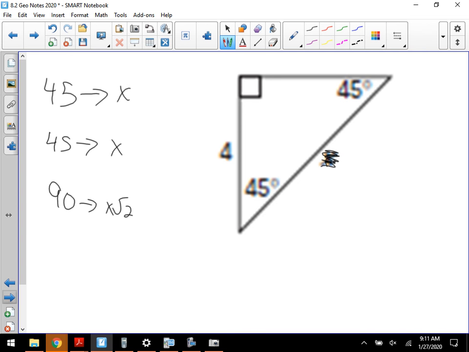Across from which angle do you know? You know one of the 45s, which means x is 4. So everywhere else I see an x, I put 4. So in my diagram, it would be a 4 and a 4 root 2.